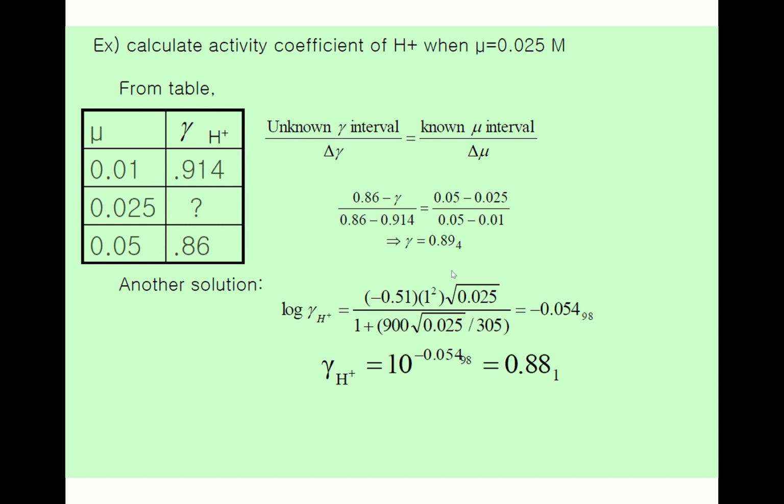There are some discrepancies, but this discrepancy is inevitable. Theory is not perfect, and also the table is not perfect. So this difference is inevitable. Depending on your situation, you can use this value or this value. It's up to you.